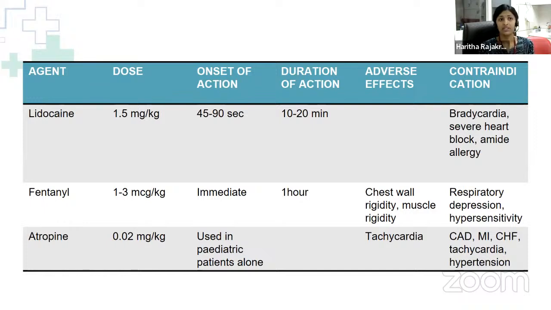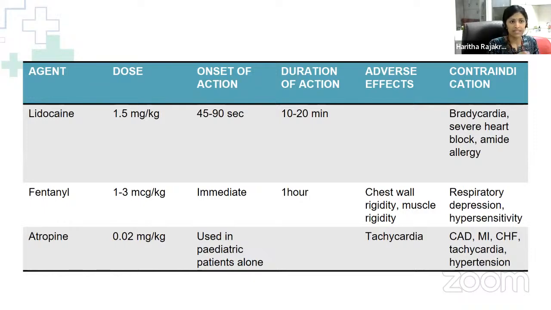It's not necessary that you know all the medical history of the patient, and most of the time in these situations, a lot of things will be going up and down. So it's always better to avoid drugs which are contraindicated in such situations and go for the safe drug. That's why I said it's important to know your drug. You need to clearly know what the contraindications are, what the onset of action is, and what the duration of action is in order to choose the drug for your patient.